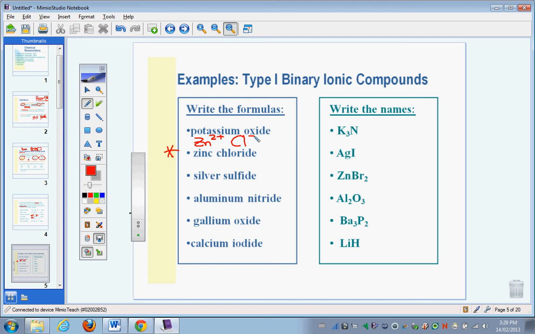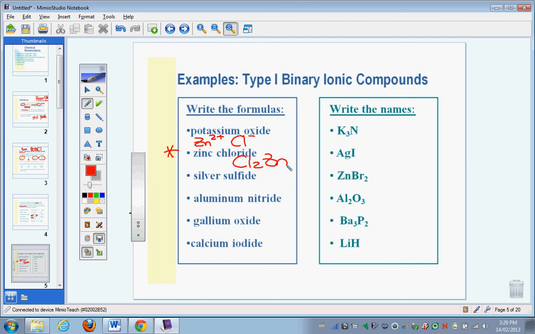So Zn2 plus and Cl minus, Riley, what will be the formula of the compound? Say again? You know what? I'm glad you said that. Cl2Zn? No. Okay, I didn't say this, but there's an important point that I should have mentioned. Did you notice in every example we did that positive cation was first and the negative anion was second?